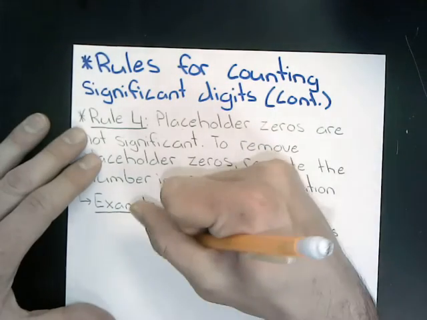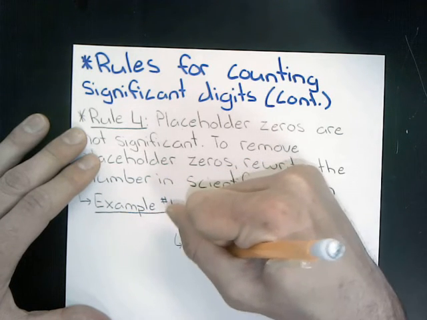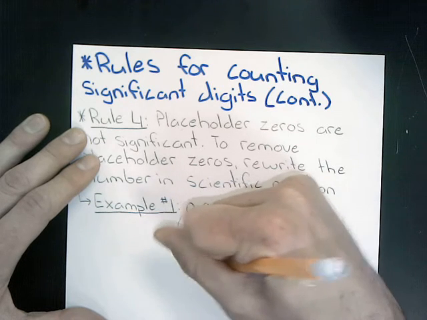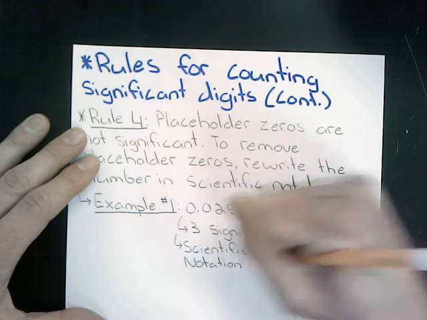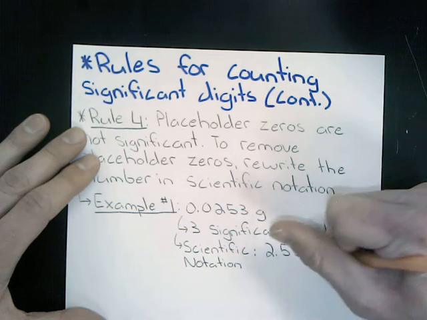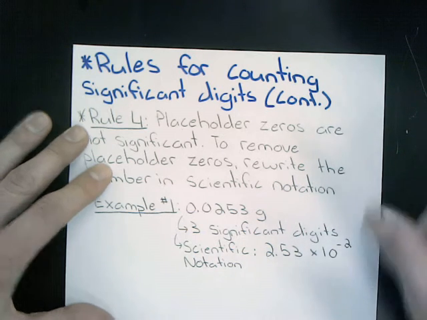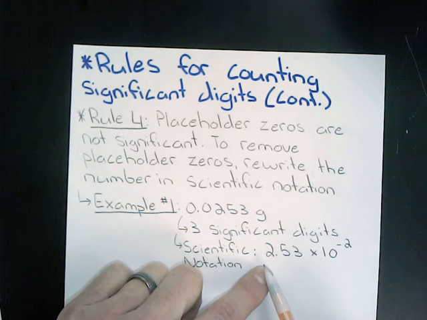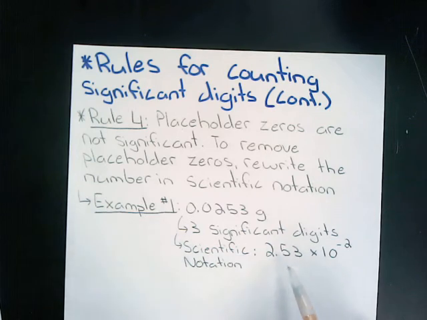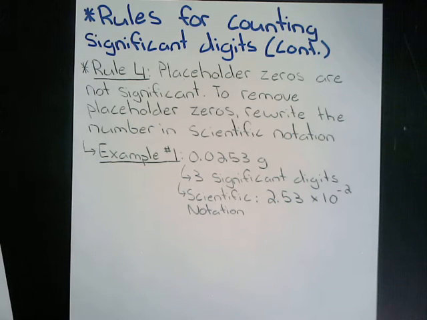Now, when I do this in scientific notation, it should be noted that we only count the numbers in front of the times 10 to the power. Okay? So when we're counting significant digits, only the numbers out in front are counted. Okay, our second example for rule number 4 is this.